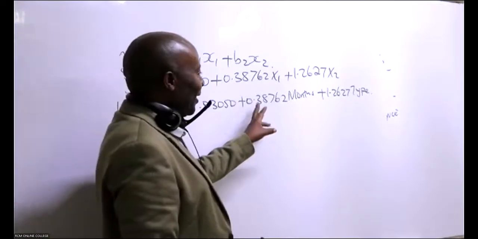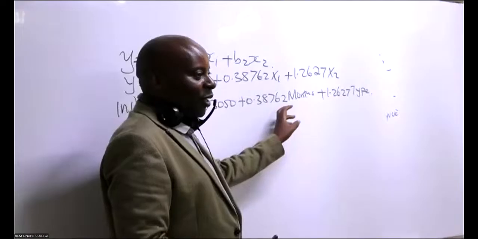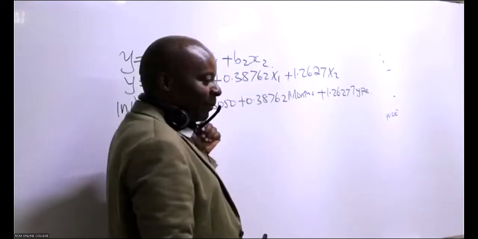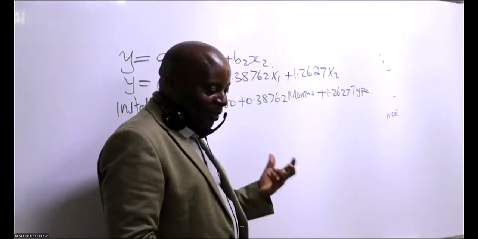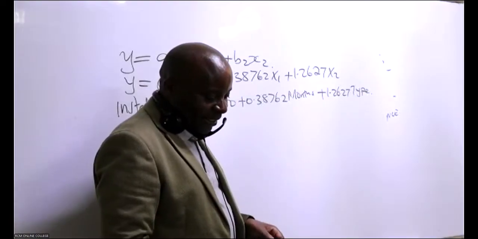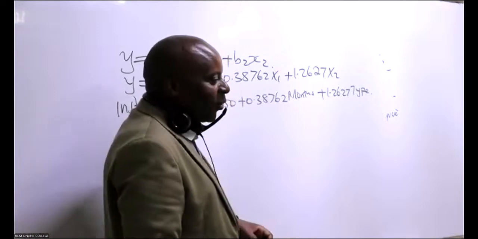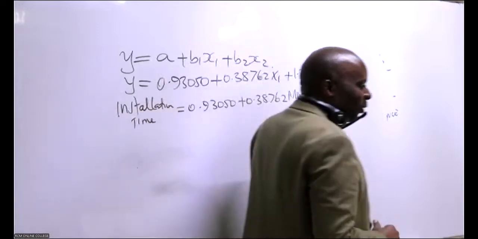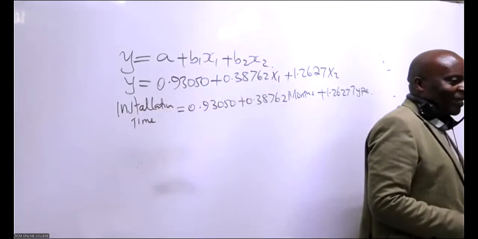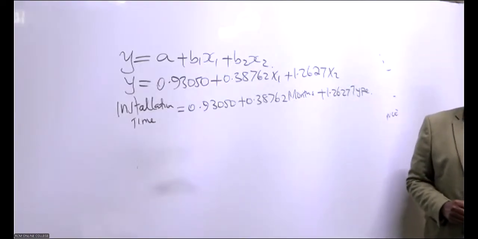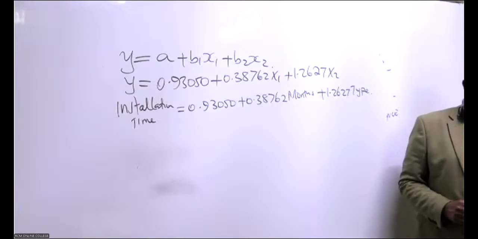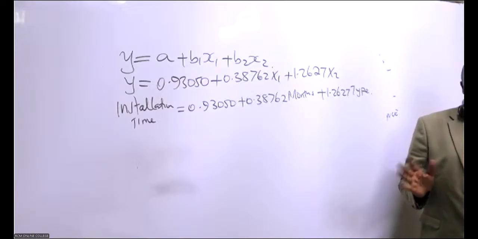Months, gradient is positive, all right? Can you kindly prove that months and the installation time are supposed to really have a positive gradient? How do you prove? Since there is a positive correlation. No, then you have not understood how you're supposed to be answering this question. Because I agree with you, it's economically plausible.